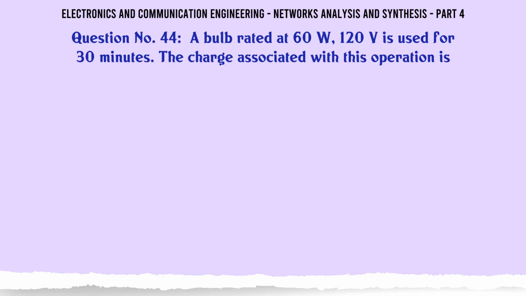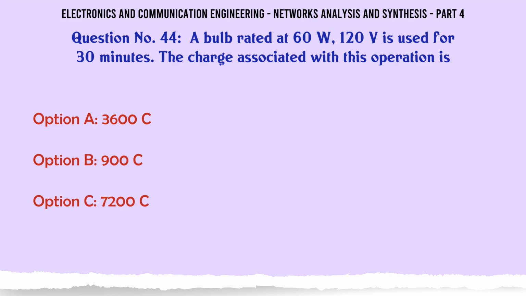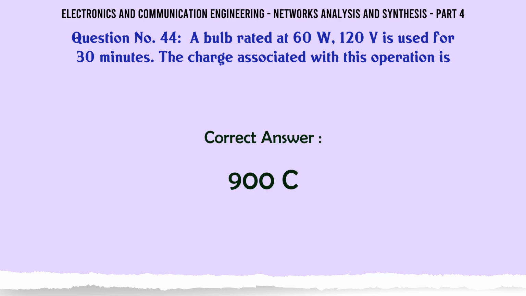A bulb rated at 60 watts 120 V is used for 30 minutes. The charge associated with this operation is A 3600 C, B 900 C, C 7200 C, D 600 C. The correct answer is 900 C.